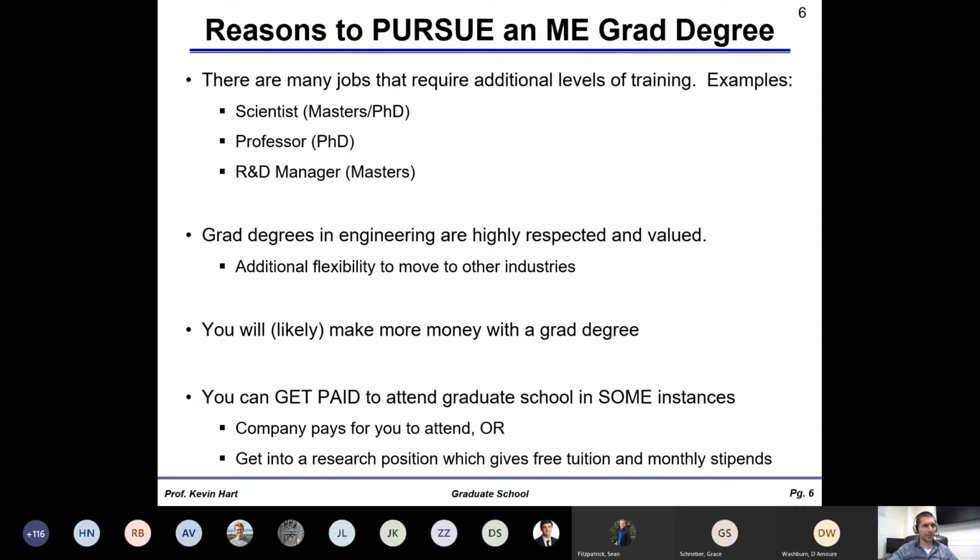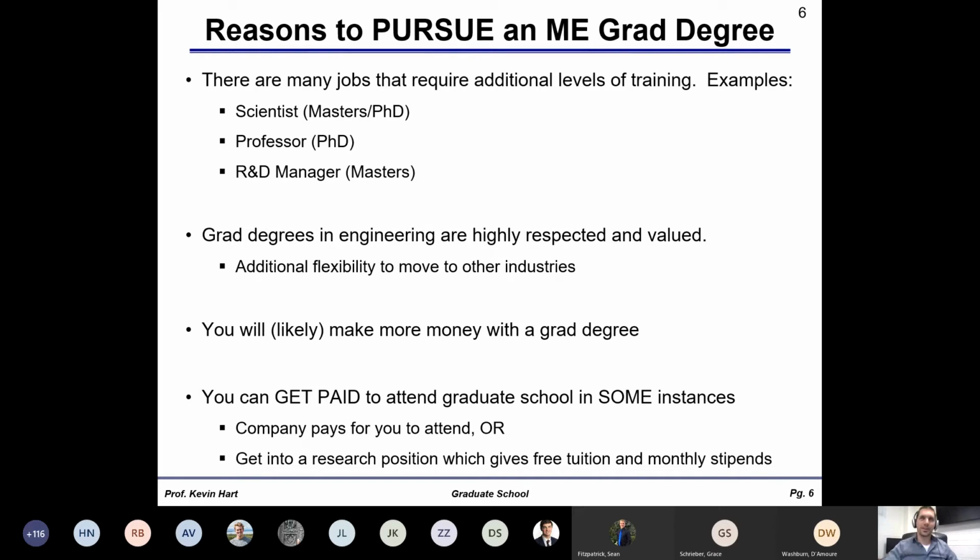There's going to be someone with a master's degree or a PhD, probably a PhD, that's leading the decision on what sort of airfoil or cross-section of the wing that your aircraft is probably going to have. And that's just an R&D type project that generally goes to people with advanced degrees. So if you want to be working on more interesting stuff, you probably need an advanced degree.